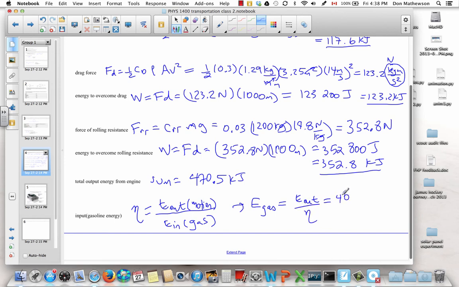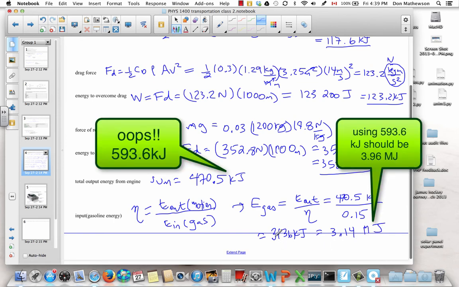So that's the 470.5 kilojoules divided by the given efficiency, which is about 15% for the internal combustion engine. And that gives us 3,136 kilojoules, or 3.14 million joules, megajoules, to move that car 1 kilometer.